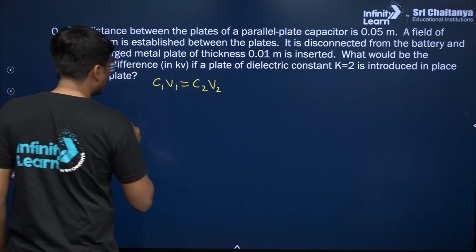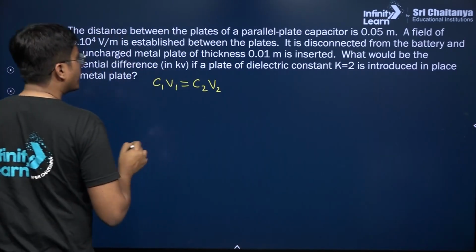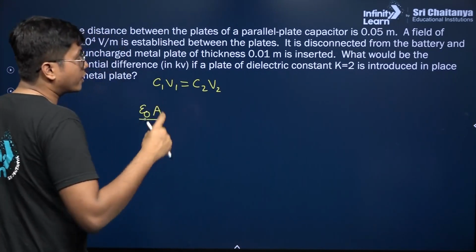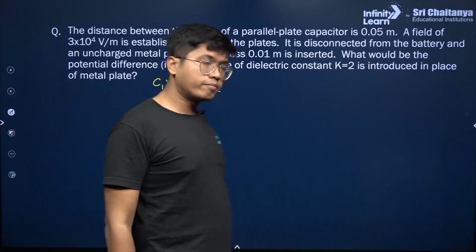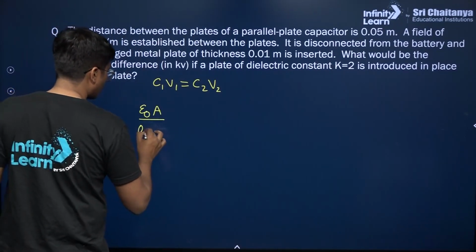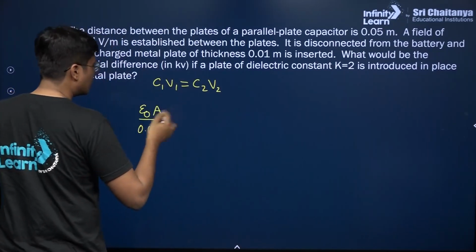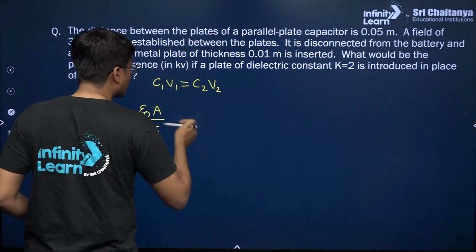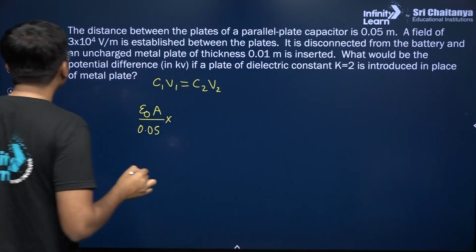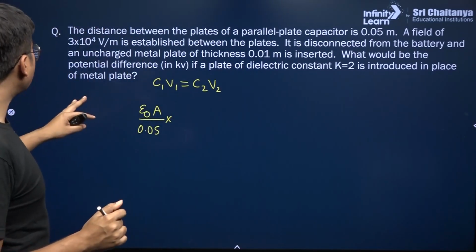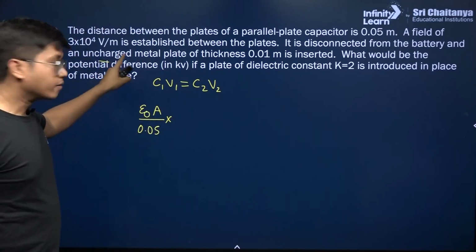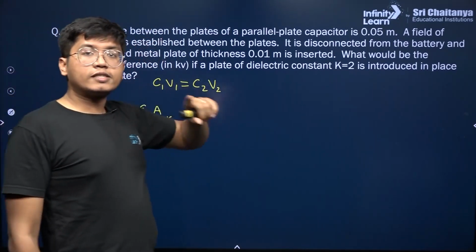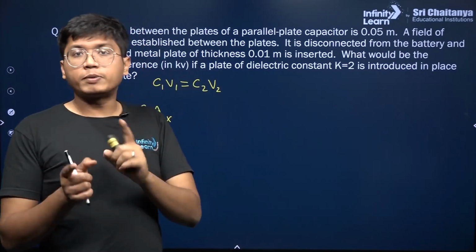So for C1, it's epsilon naught A divided by D, which is the distance between the plates, 0.05 meters. I'll not put in meters because the units cancel out eventually. Your V1 value is not provided yet, but we have been given the electric field, and the voltage is equal to electric field into the distance between the plates.